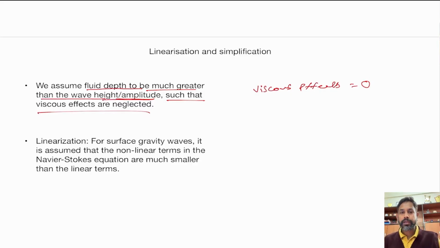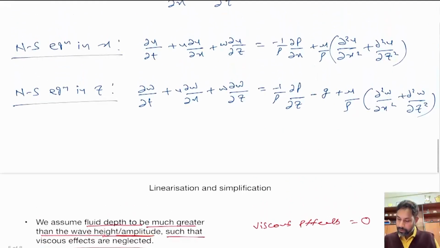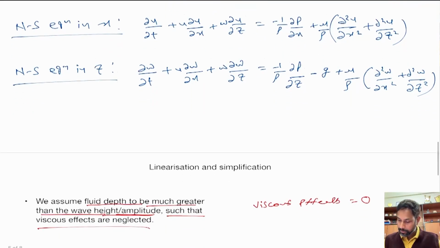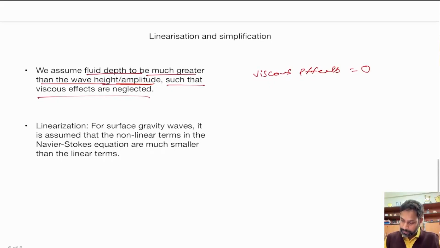The other simplification which is done in case of surface waves is that it is assumed that the non-linear terms in the Navier-Stokes equation are much smaller than the linear terms. So what non-linear terms do we see? First, non-linear terms are obviously these viscous terms which we already assumed to be 0. So let's write them down.